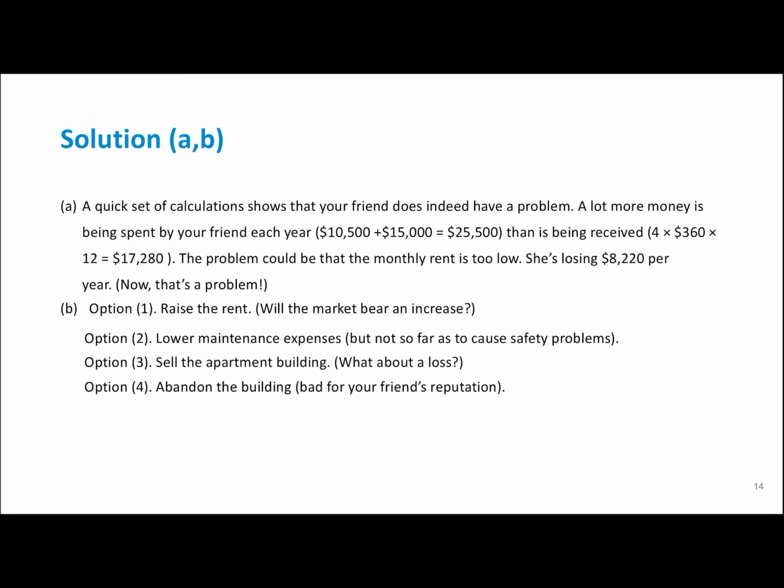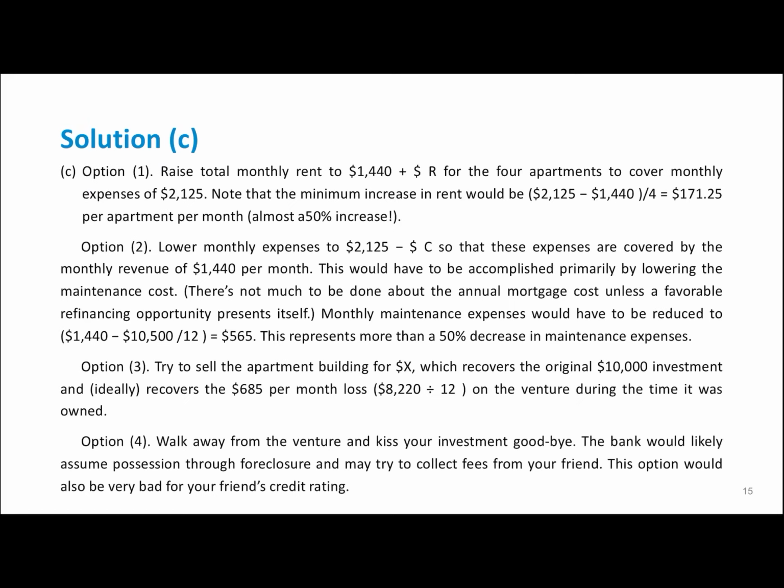So let's see. Now we are trying to analyze each option. In the first option, we need to know the total monthly rent. How much should I increase to cover my own expenses?